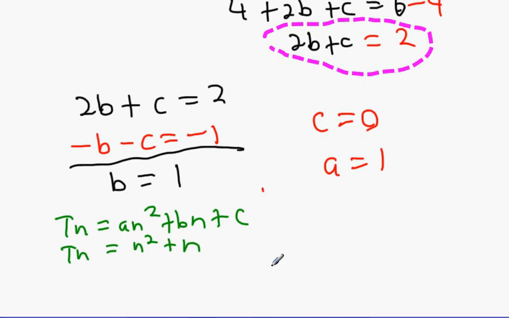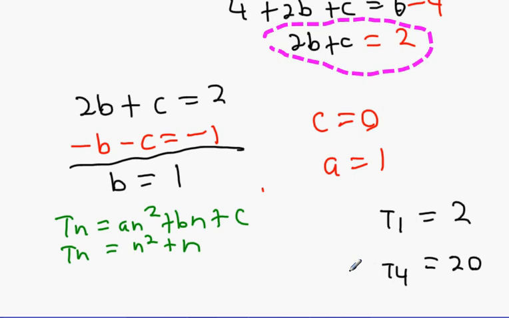I was asked earlier, how do I check that the answer is correct? What's T1 and T4? T1 is 2, and T4 is 20, right? If this answer is correct, it should tell me T1 is 2, and it should tell me T4 is 20. You don't have to do this part.